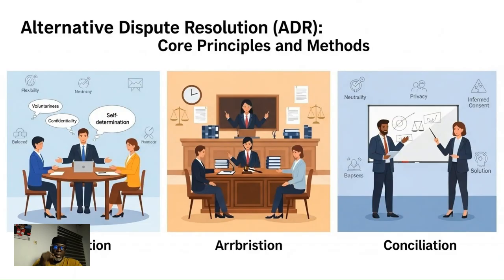Another key dialogue technique is what we call reflective listening. Under reflective listening, you reflect back what the other person has said to show understanding and validate their feelings. So this technique helps to build trust and reduce defensiveness. Then, of course, the fourth key dialogue technique is I messages.